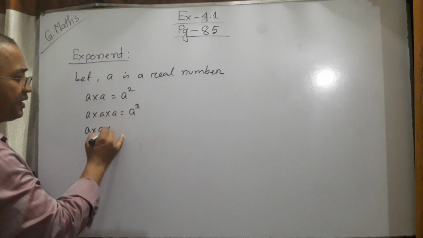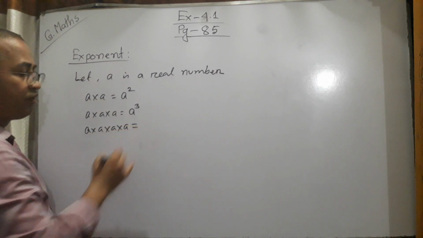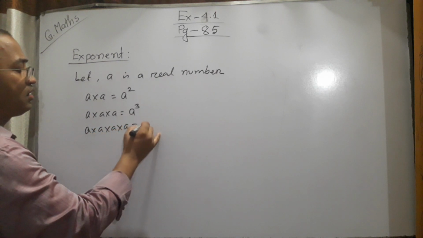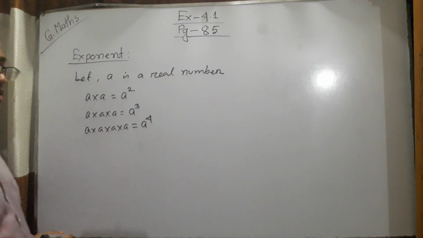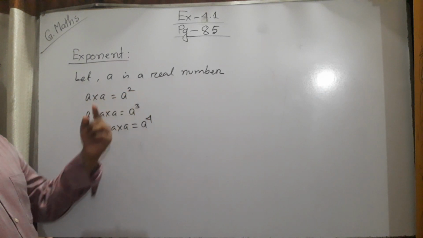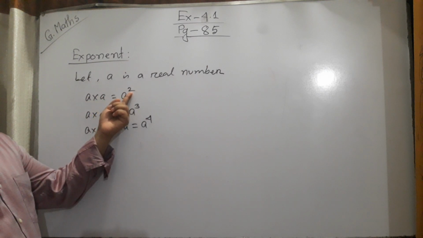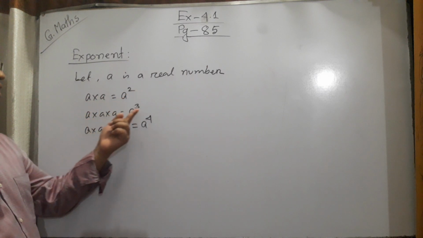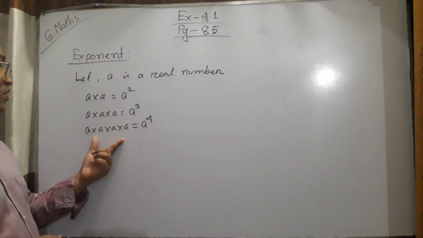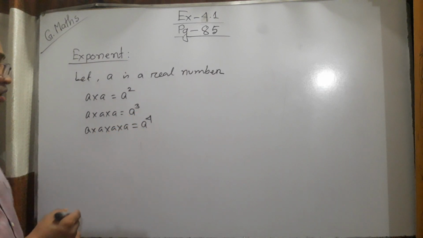If I multiply A 4 times, it will be A to the power 4. Look, A into A is A square, that is 2 times of A, so this is power 2. 3 times of A, power 3. 4 times of A, power 4.